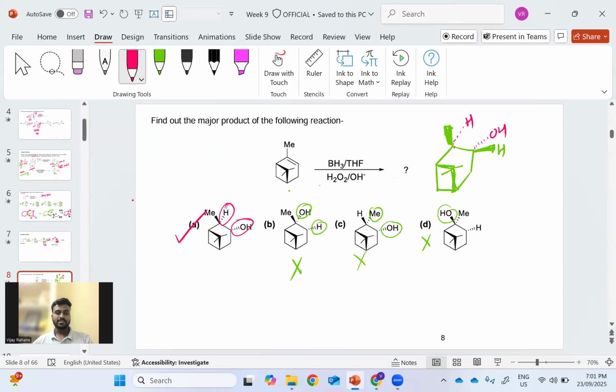Similar is the case when we have hydrogen instead of BD3, here it is BH3. That's the difference here.